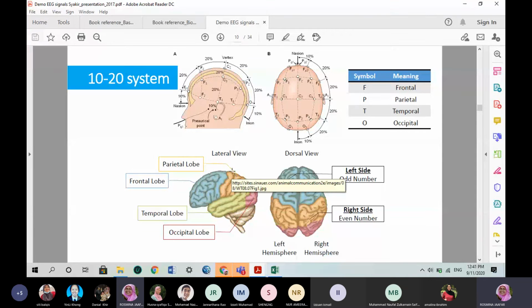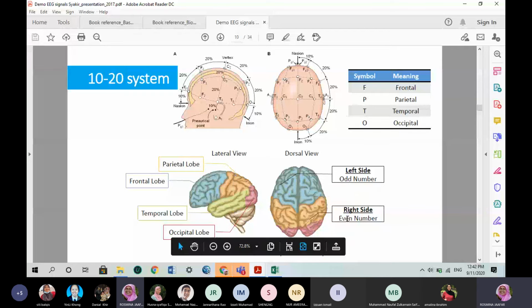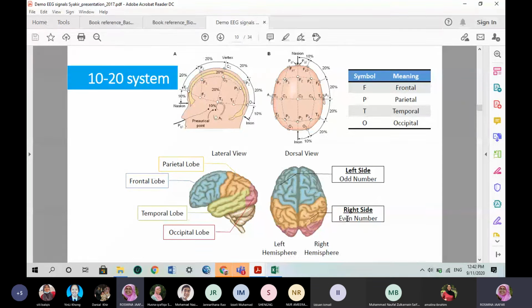And if you study the brain, there will be a motor area and a sensory area. The motor area will be near the frontal lobe, and the sensory area will be in the parietal lobe. So the sensory and motor always map next to each other. The brain has two hemispheres, left hemisphere and right hemisphere, and the brain controls the opposite side of the body.